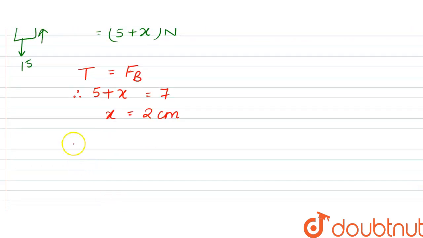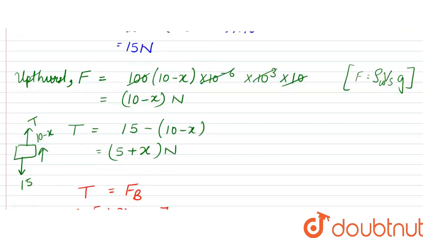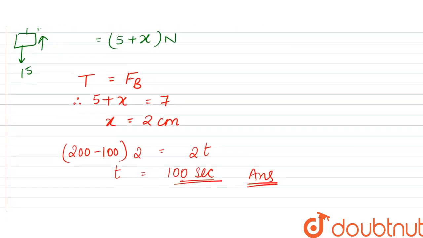So it would be 200 minus 100, into 2, which would be equal to 2 centimeter cube into T. So T can be written as 100 seconds from here. So our answer would be that at 100 seconds, the wire would break.